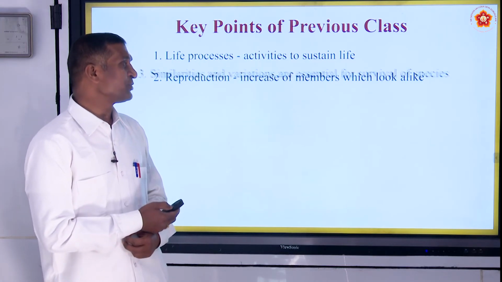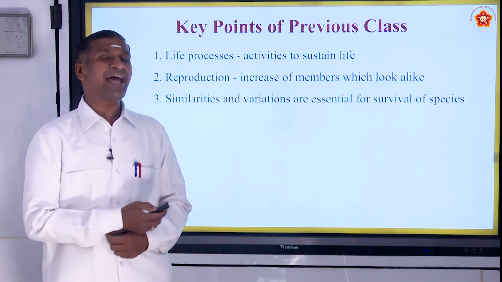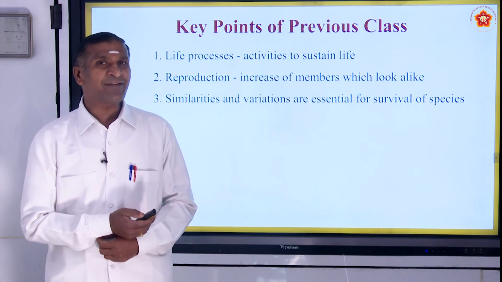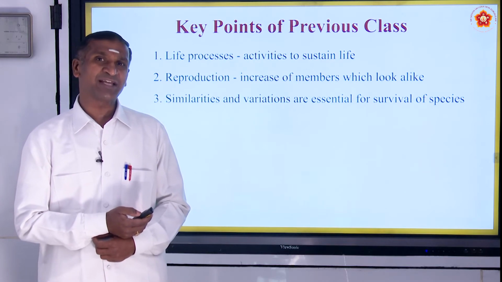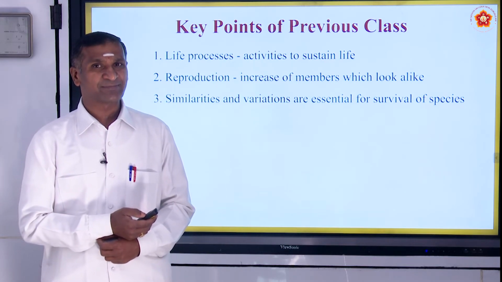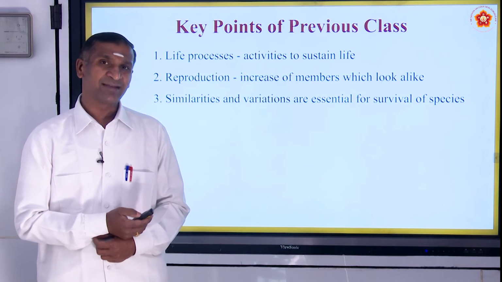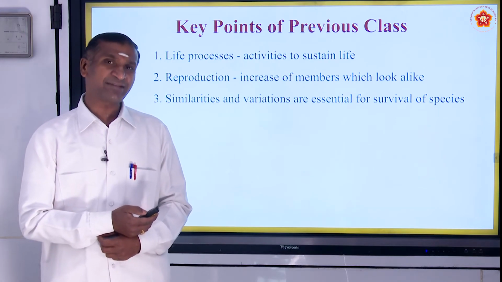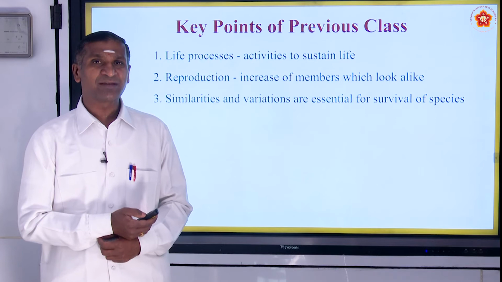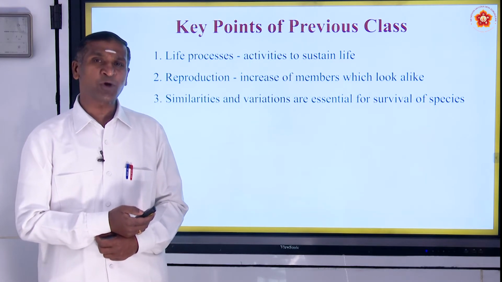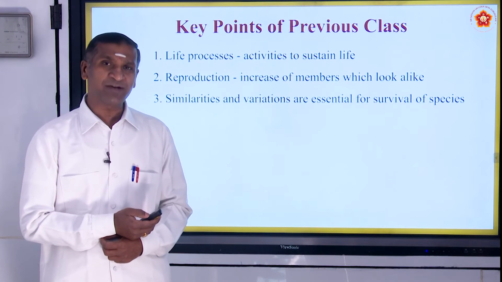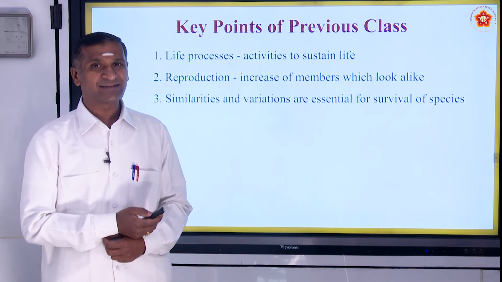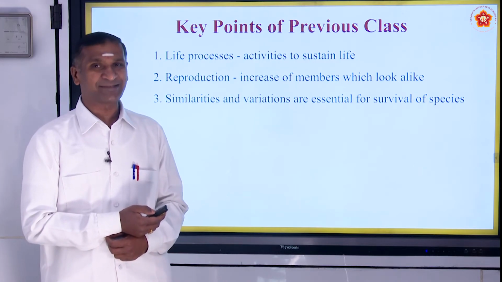Further, we continued that the similarities and the variations are a must for living organisms. The reason, as we defined, is that reproduction is nothing but a process where the parents give birth to their young ones which are alike.